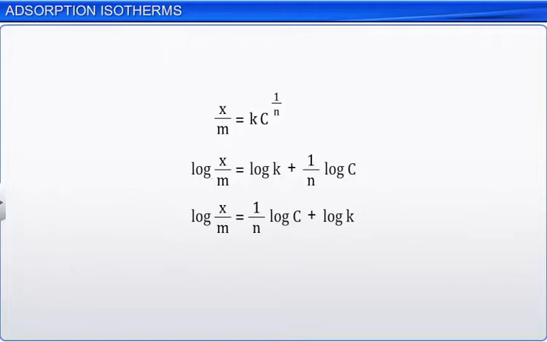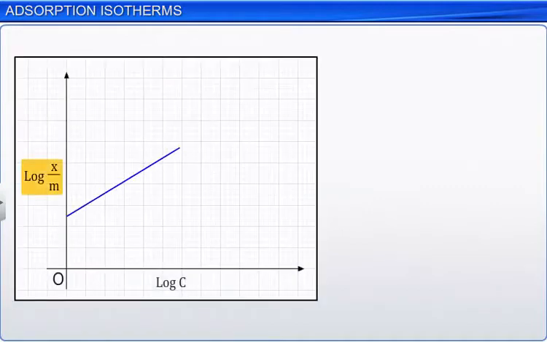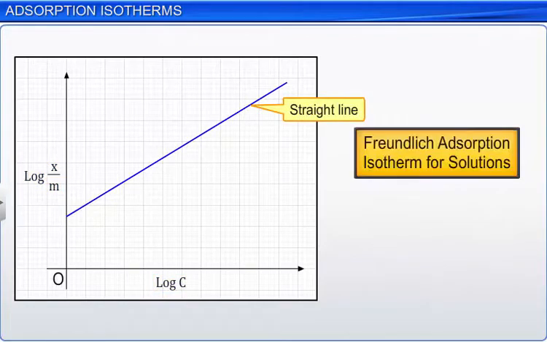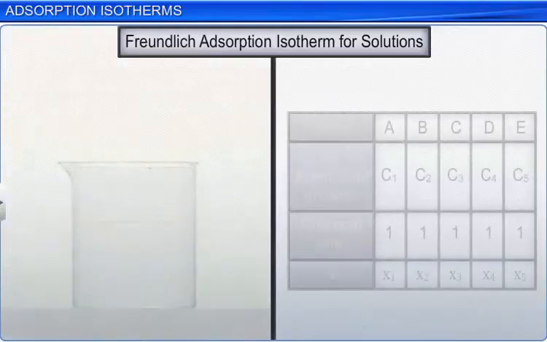If the graph between log x by m and log c is a straight line, then we say that the Freundlich adsorption isotherm for solutions is valid. The Freundlich adsorption isotherm for solutions can be tested experimentally too.